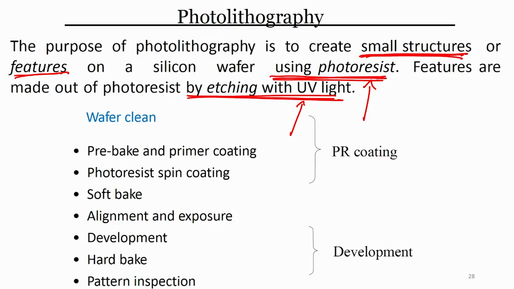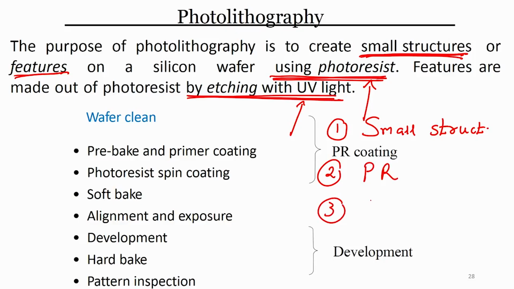Two things we understand: one is you can create small structures, second is you have to use photoresist, third is you have to expose or etch this photoresist with the help of UV light. You have to pattern this photoresist with the help of UV light. These are the three things we understand.